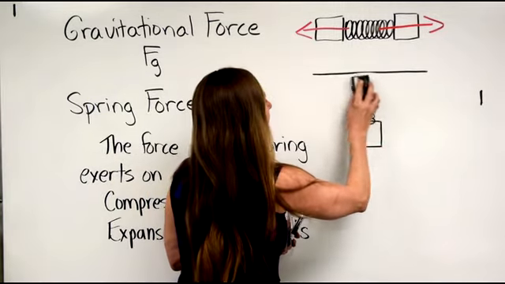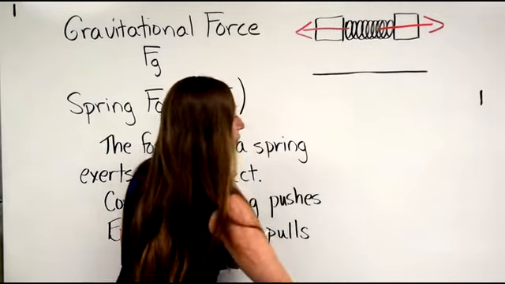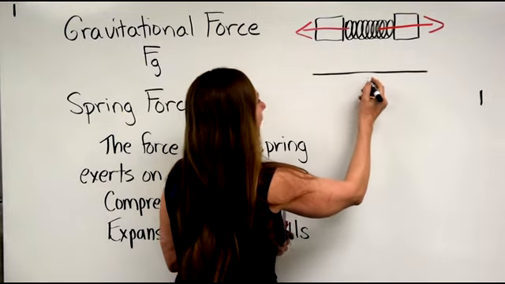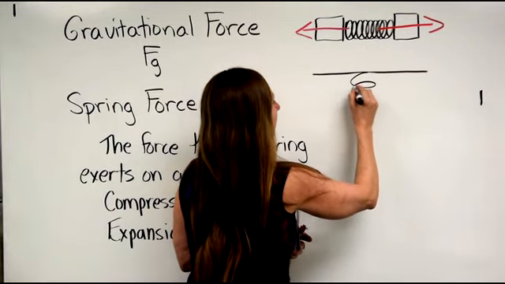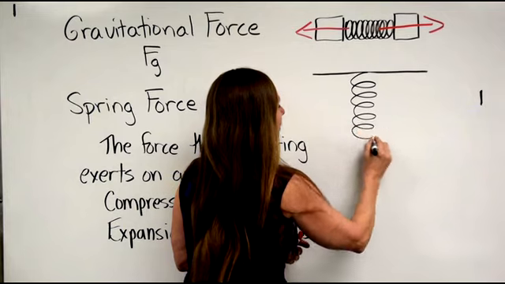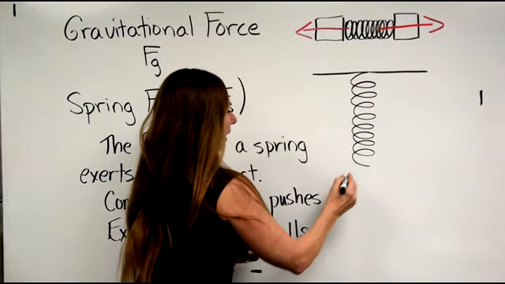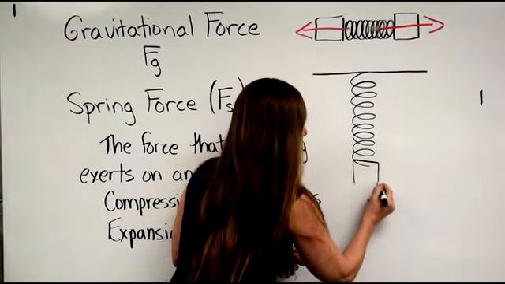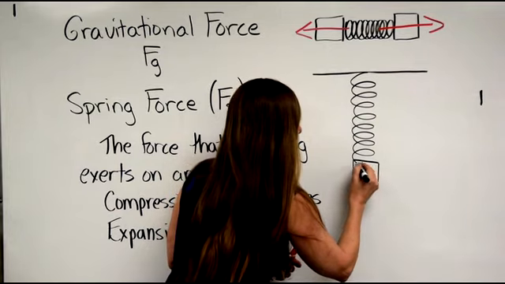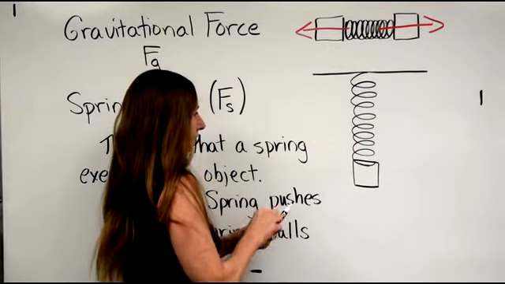What's going to happen is the object's weight is going to pull that spring down. So now the spring is expanded, and here's the object, hanging from the expansion spring.